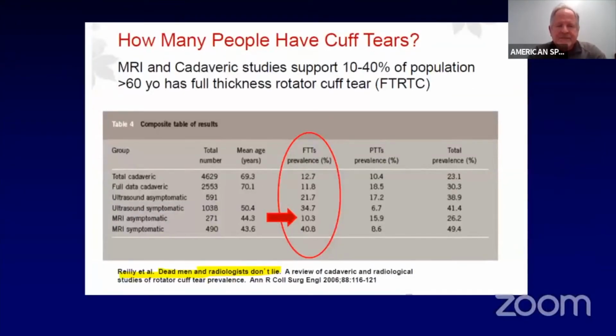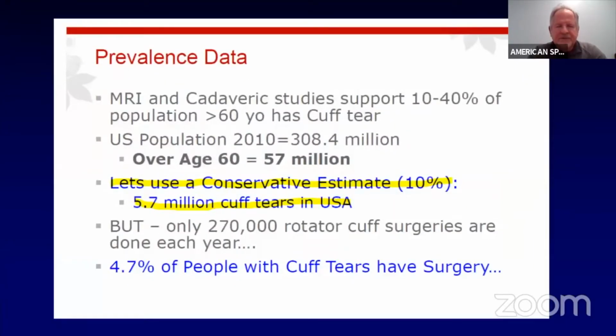So there have been some studies. This one's by Riley in the Annals of the Royal College of Surgeons of England. And they basically stated that about 10 to 40% of the population above 60 have some type of full thickness rotator cuff tear.